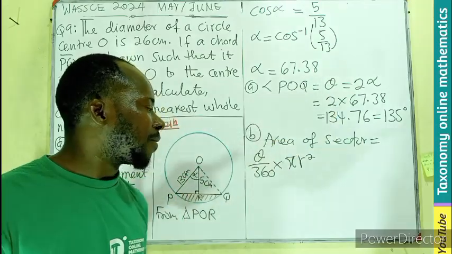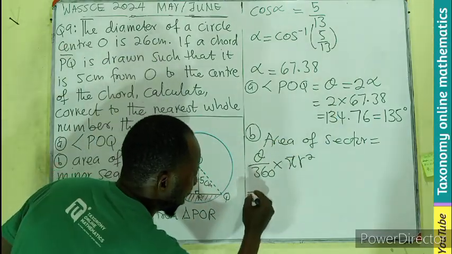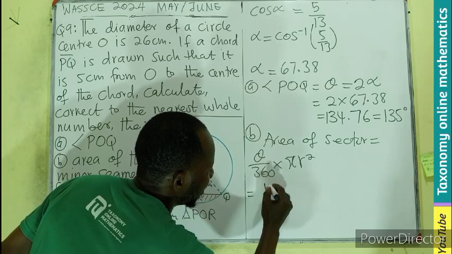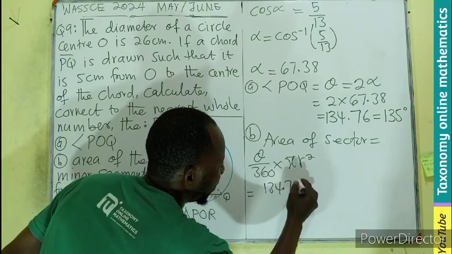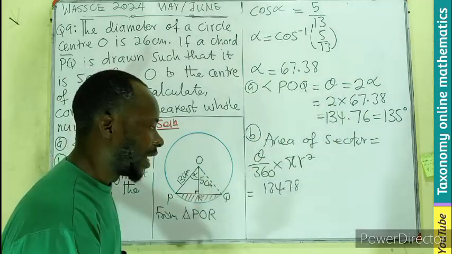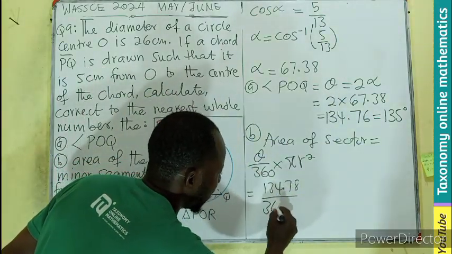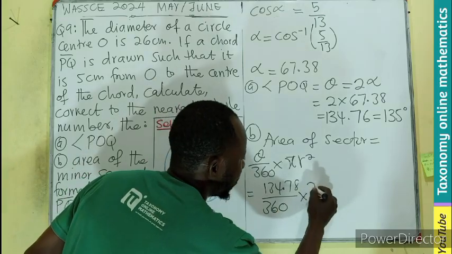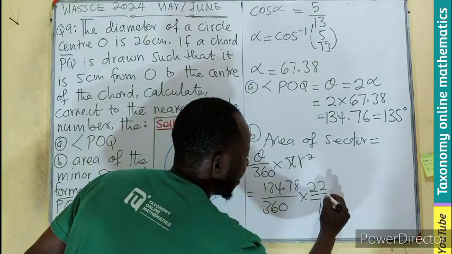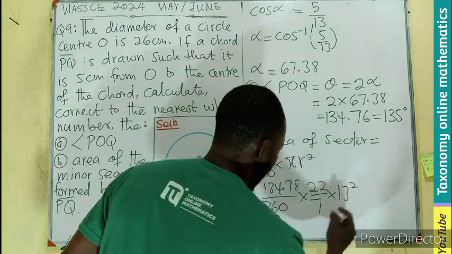So let's do substitution: 134.76, I'm using the decimal part so that I will not truncate my answer, divided by 360 times 22 over 7 times the radius, 13 squared.